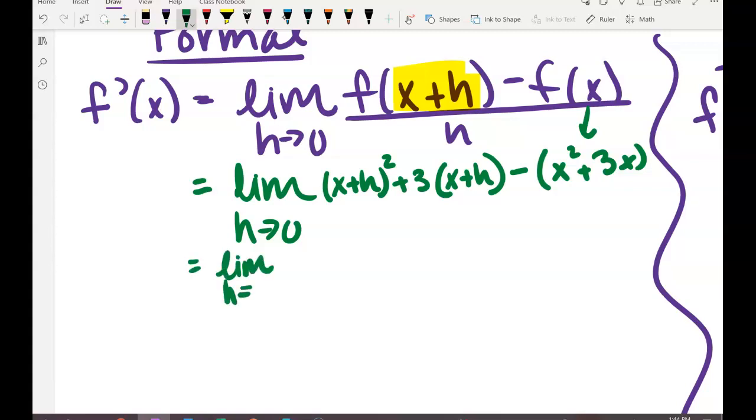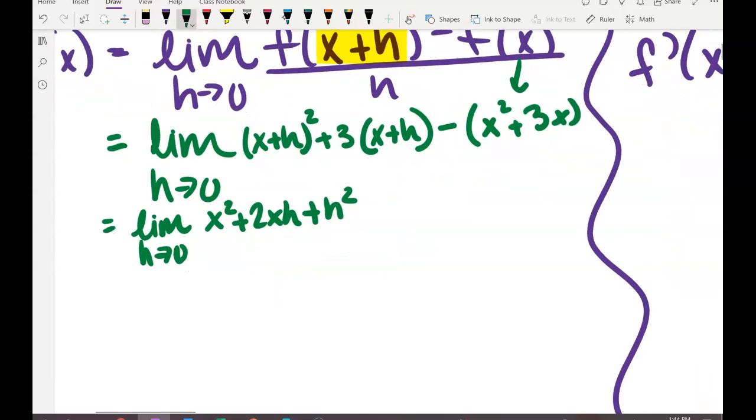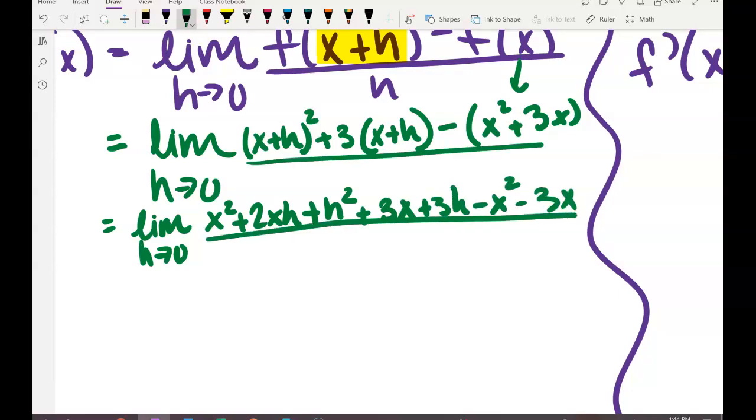So the limit as h approaches 0, FOIL the first quantity, that's going to be x squared plus 2xh plus h squared. Then distribute your 3 here, plus 3h, distribute the minus sign, so minus x squared minus 3x, all over h on the top as well. My bad, guys. Then from here, see if we can cancel anything out.